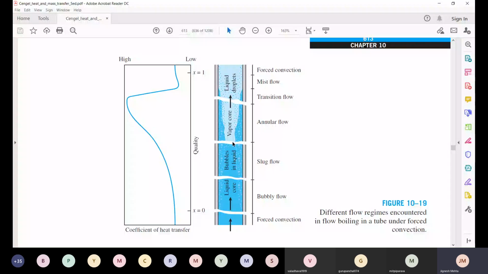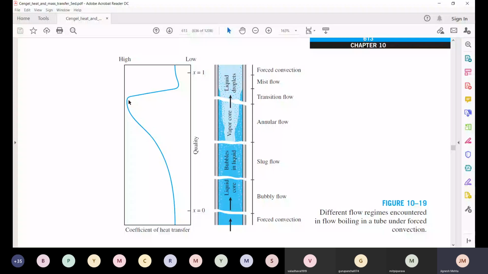So you can see how it is shown, this core region is comparatively smaller here and it is continuously increasing. So that's annular flow. Now when this vapor is generating, the velocity is also increasing. The liquid is still in good contact with the surface. So that's why you are getting very high heat fluxes even in the annular flow.